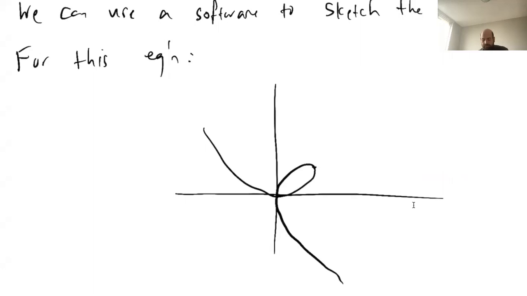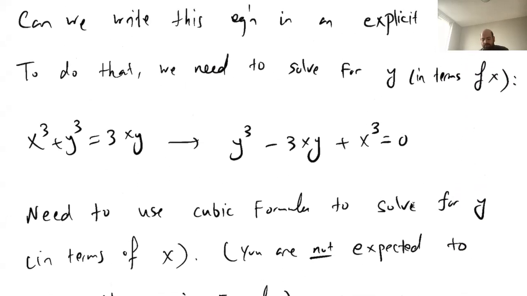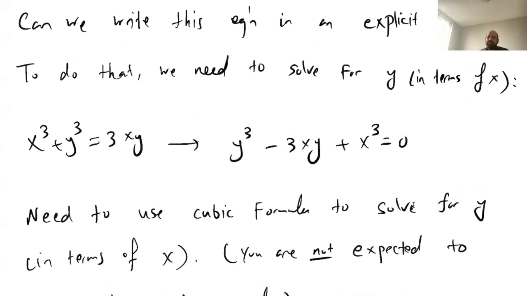This point here is 3/2 and 3/2. We just need to use a software to graph because we don't have any idea how to sketch it, but there are softwares that you can give the equation and they will sketch the graph for you.